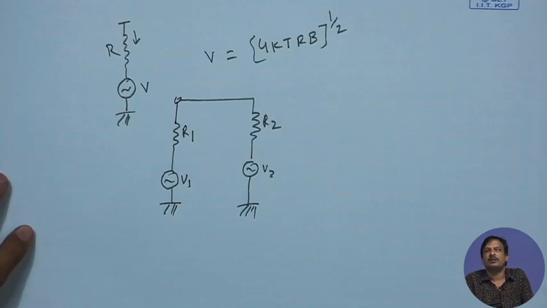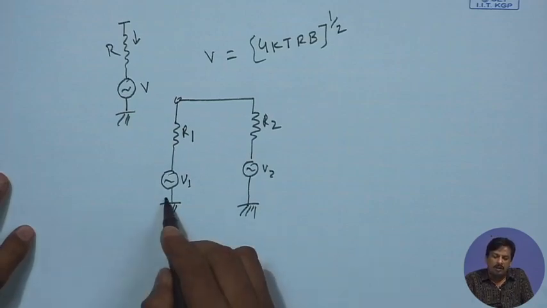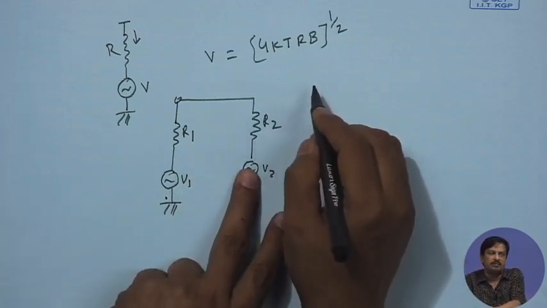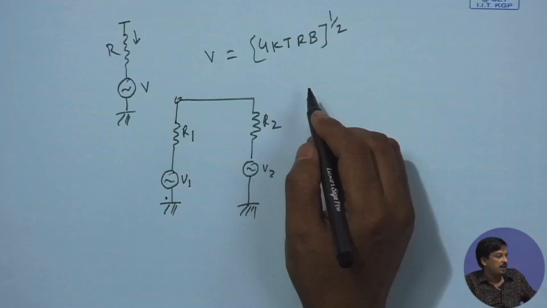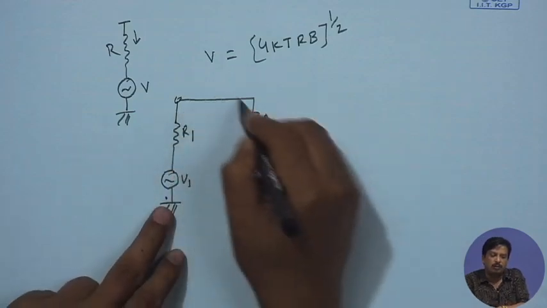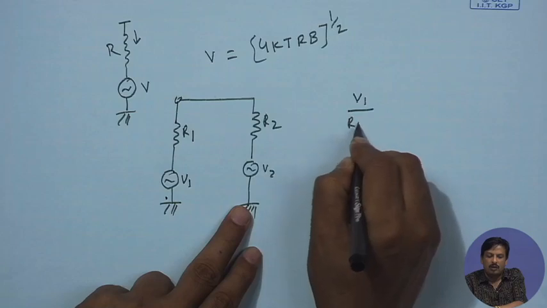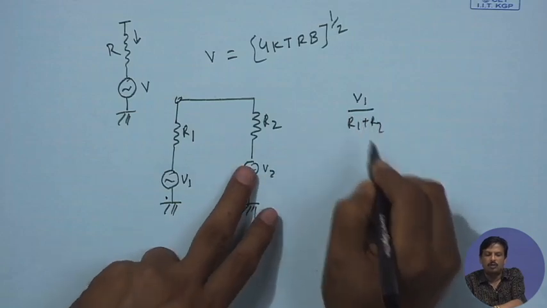This is the condition. So, for the thermal noise contributing to the amplifier, if V2 is not present, with V2 shorted, the current flowing through this circuit is nothing but V1 divided by R1 plus R2.